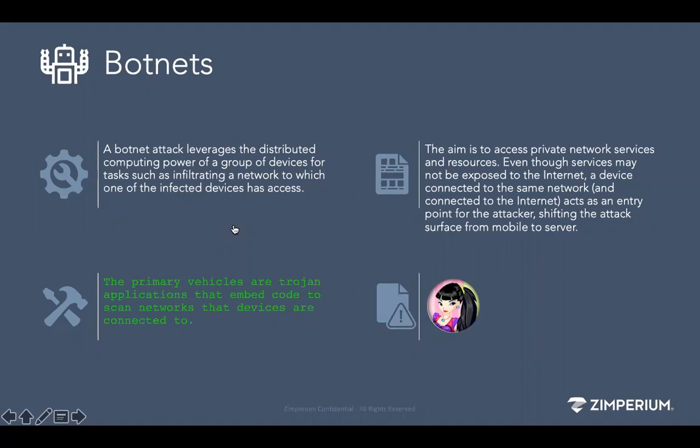So it may not harm you, but I'm defrauding another party. And then the primary vehicle that hackers use are basically just Trojan applications. So they're embedding extra code inside a utility application that you may use, and they're using your processing power to make clicks. And one of the more notable examples is the Android DressCode malware. So DressCode was an app that you could use to dress up dolls and things like that.